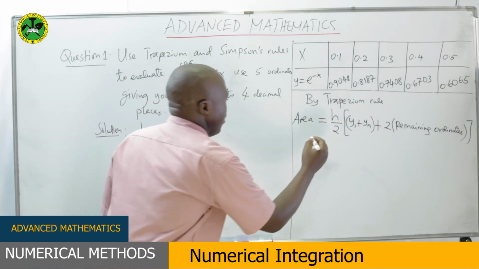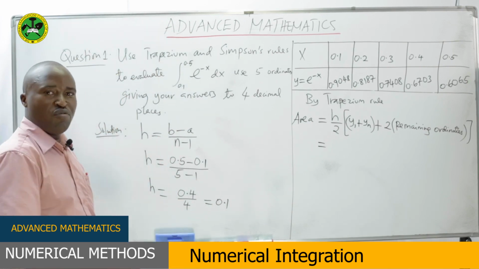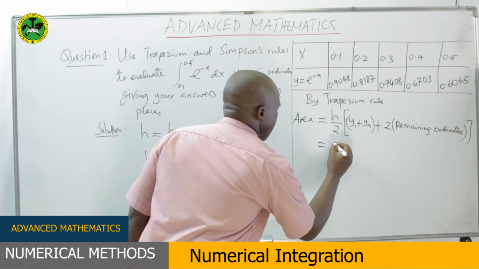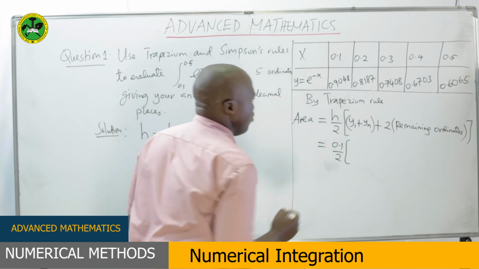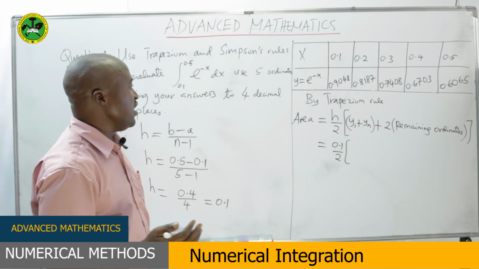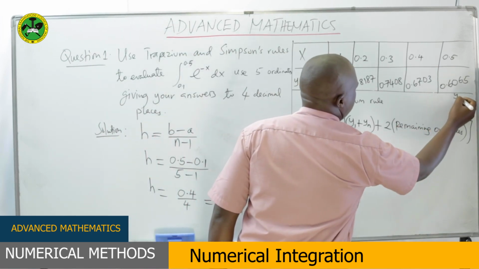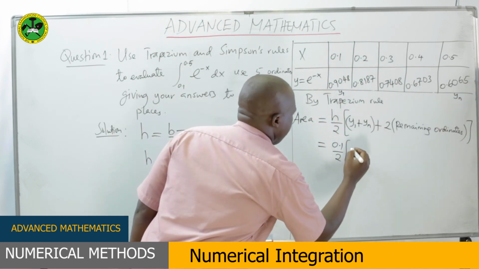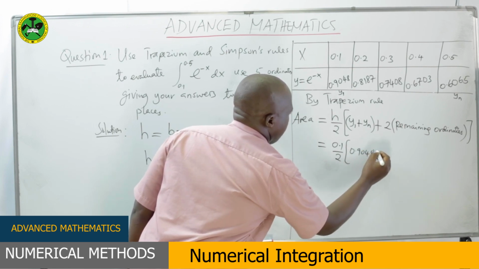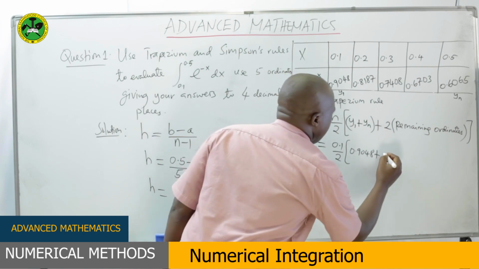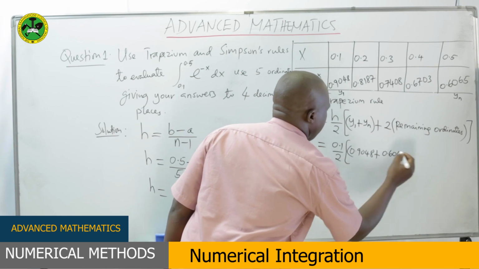So in this case, h is equal to 0.1. So that is 0.1 over 2, bracket of y1 plus yn. Of course, this one will be our y1, that is 0.9048, plus the last ordinate, that is 0.6065.